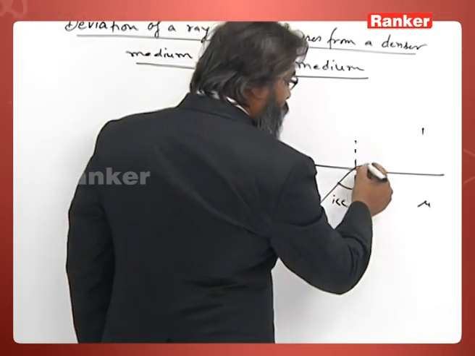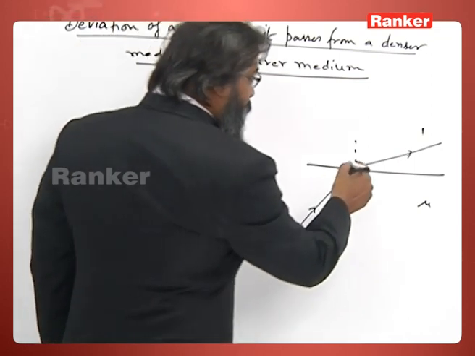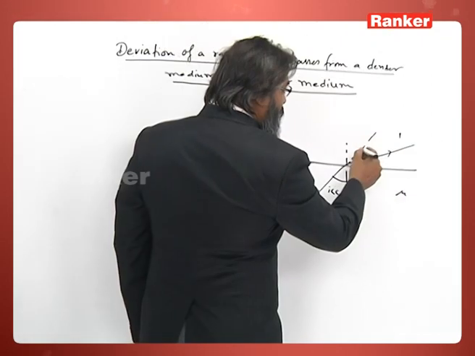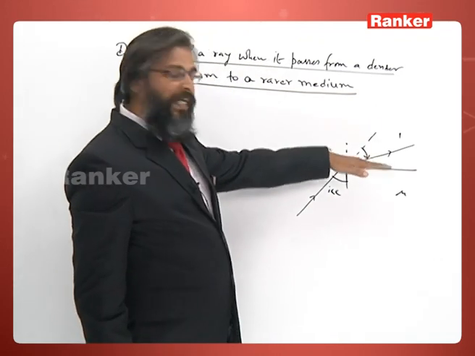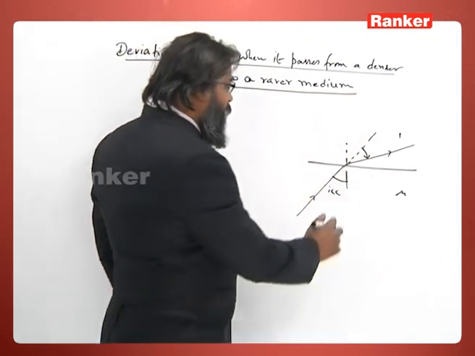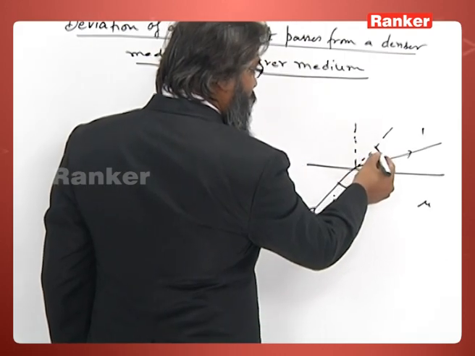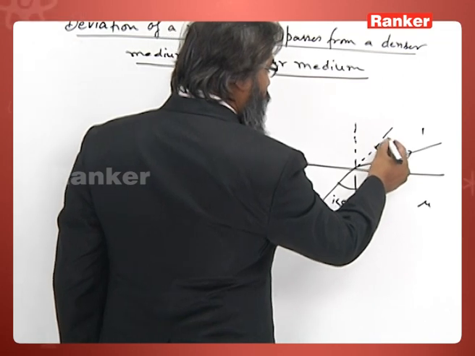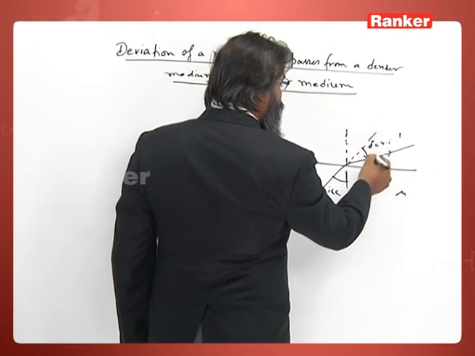This ray passes like this. We define deviation as the angle by which the ray deviates from its original path. So this was the I and this was the R, so deviation will be equal to R minus I.